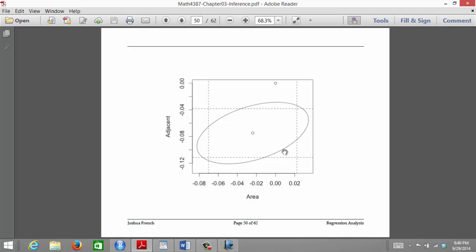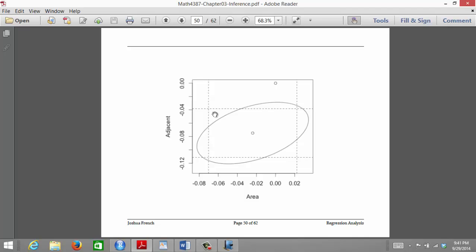And what's interesting is that sometimes you can obtain different results for your simultaneous confidence region in comparison with your individual confidence intervals. So look at the simultaneous confidence region here. We see that it does not contain the 0, 0. But we can imagine that where I have this little hand here, that's actually the origin. And so you could see there that if that were in fact the case, our individual confidence intervals would contain the 0 values for both of them.